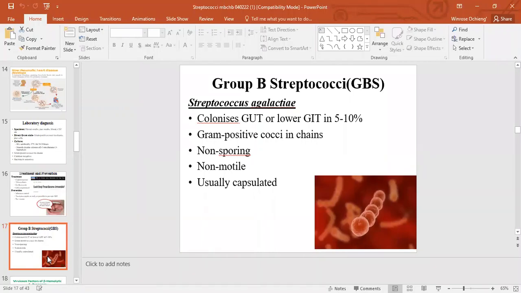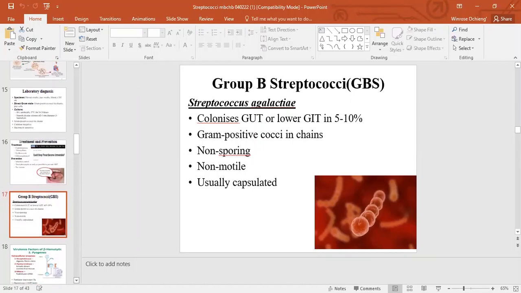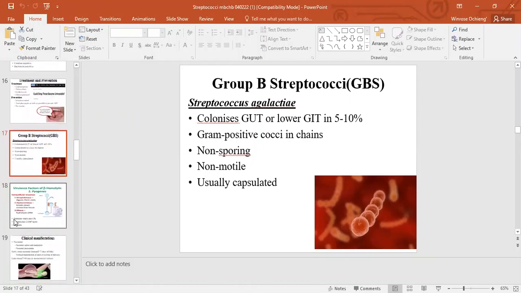Then there is a biochemical test that will be explained in the laboratory. That's why I've left that component for the laboratory. You'll be able to see the bacitracin test, and it will be expounded more when you're in the laboratory. Don't worry, you'll know how to differentiate.